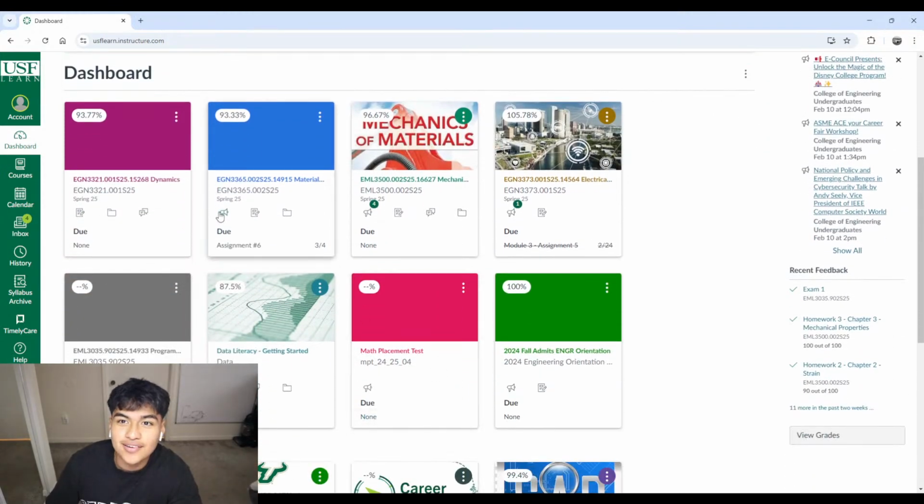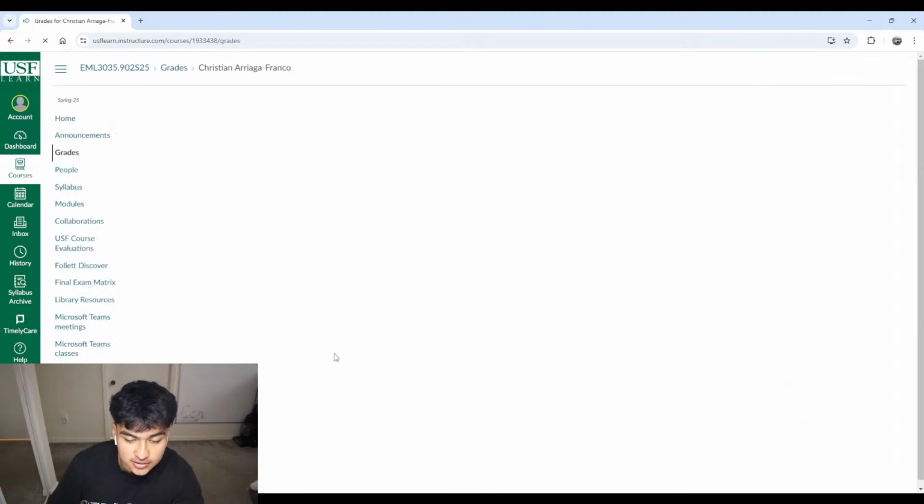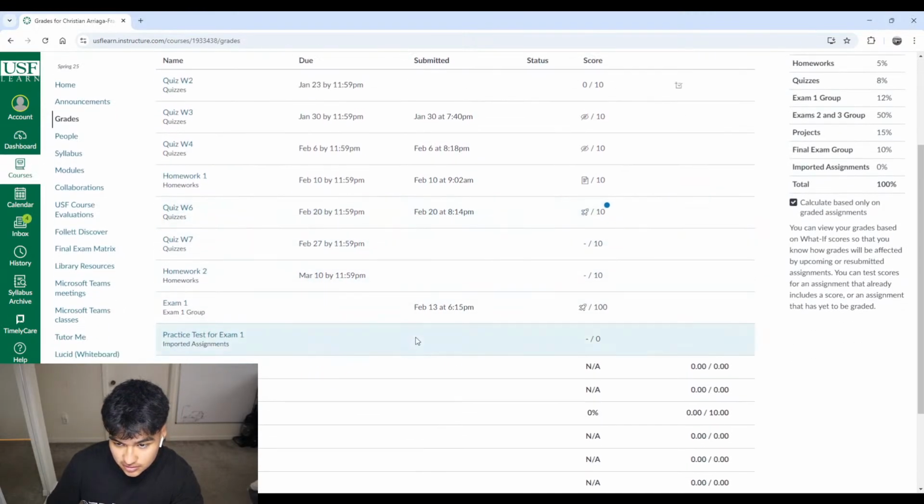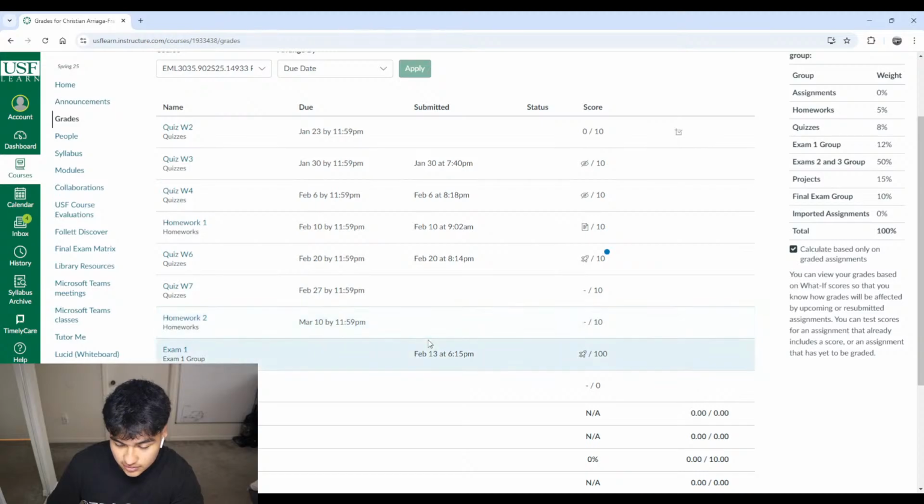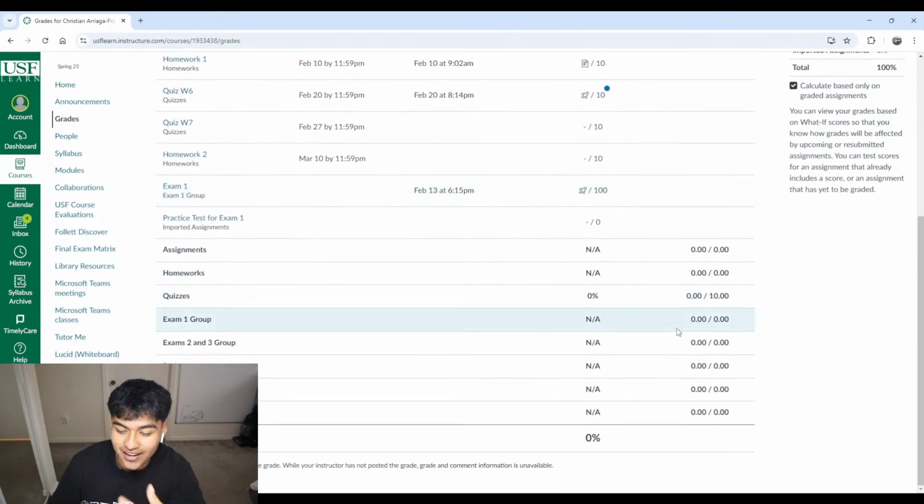That's a zero. If y'all wondering what the little dash is, it's a zero. I forgot to do a quiz the first week, because I saw it, but he said he's gonna drop one. Yeah, the exam, that's the only thing that's graded. So I got a zero.